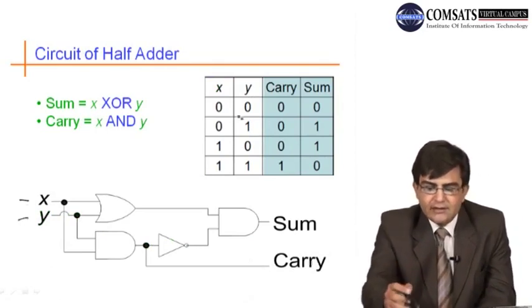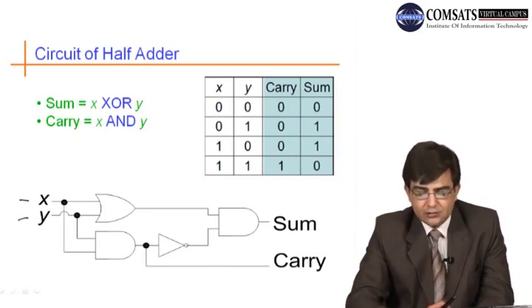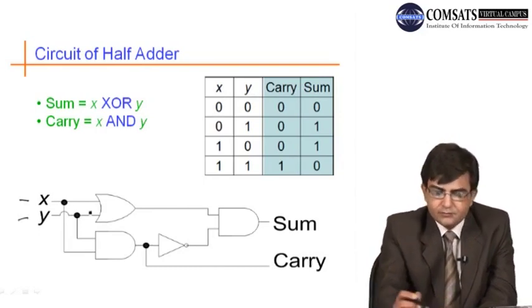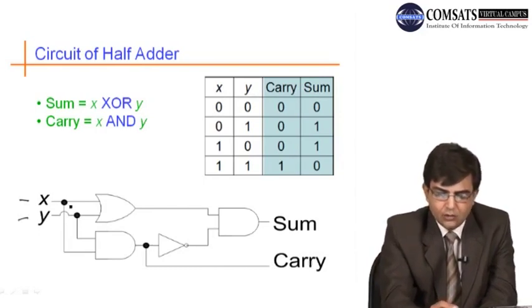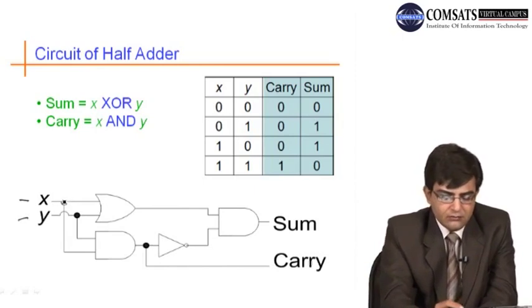By looking at the truth table here, we have X, Y, carry, and sum, because the outputs are also two. When both inputs are 0 0, the sum is 0. We construct this circuit.